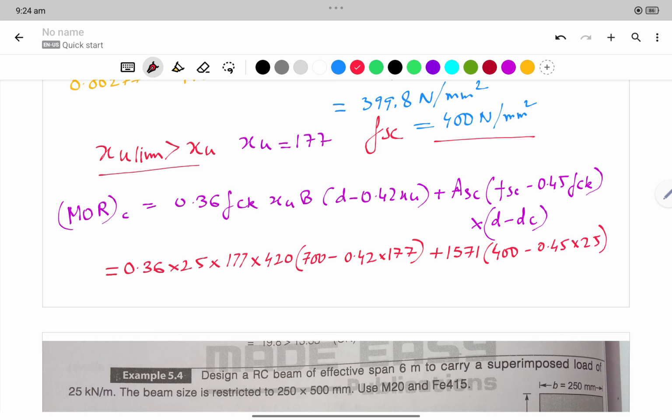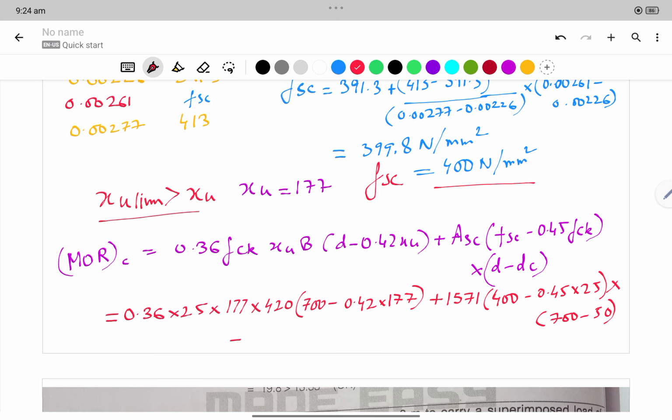D is 700 and DC is 50. So if you calculate this value, you will sum up to 817.6 kilo Newton meter. This will be the answer.